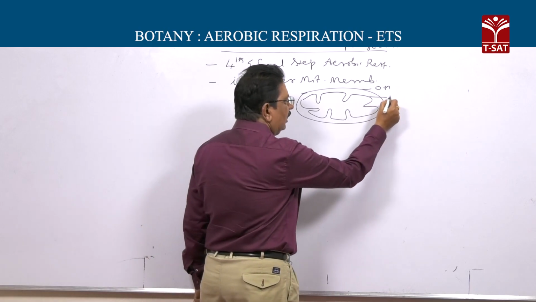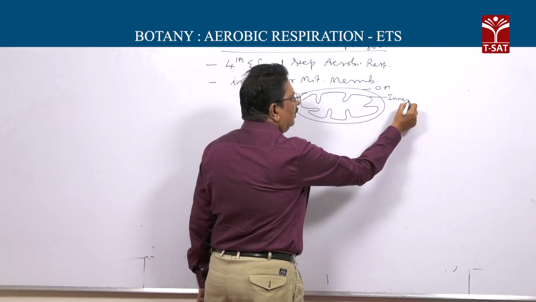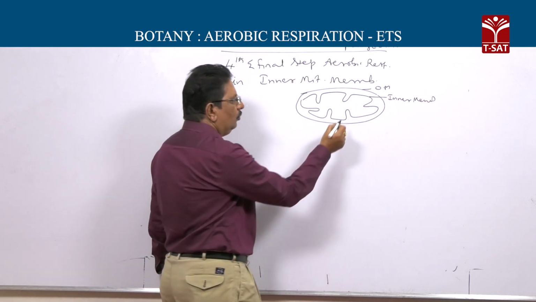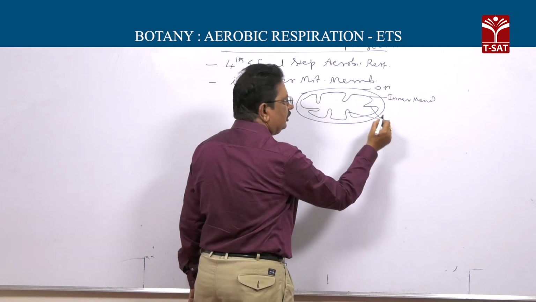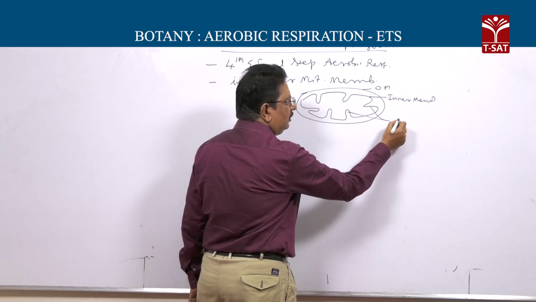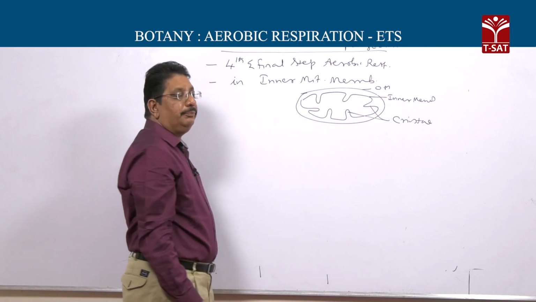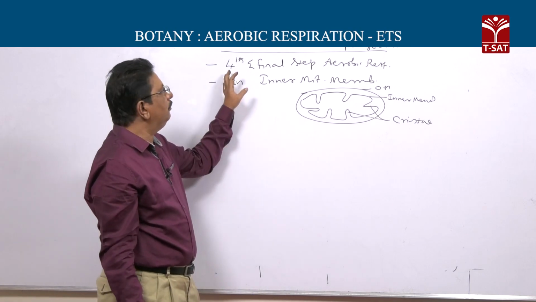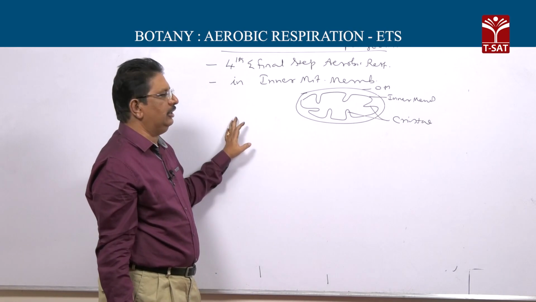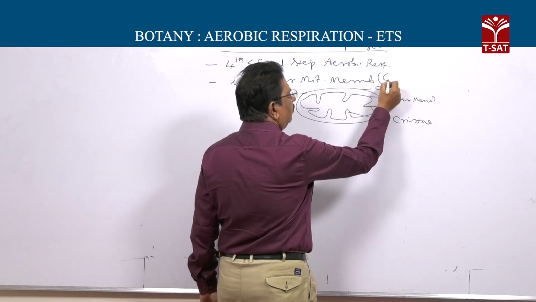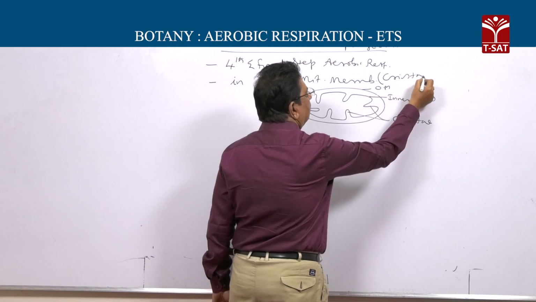So this highly folded inner membrane of mitochondria with finger-like projections called cristae is the main site for completion of this ultimate step. So inner mitochondrial membrane, or you can consider it as cristae.